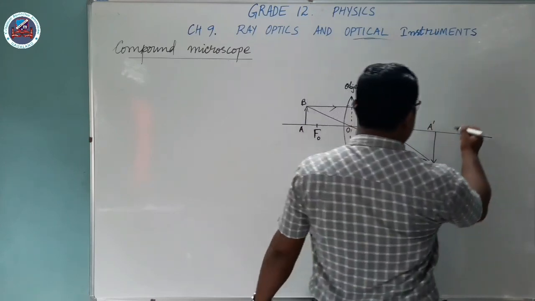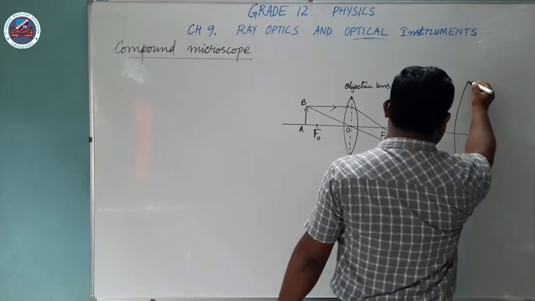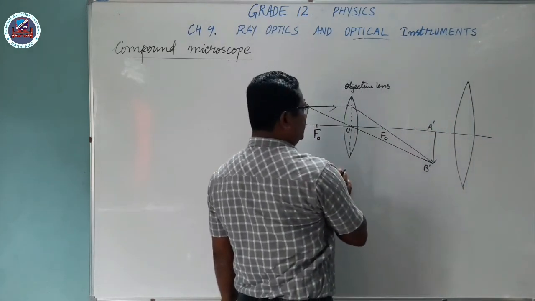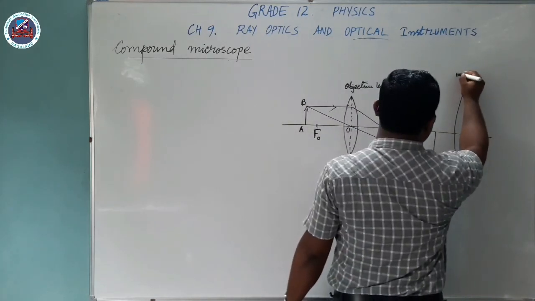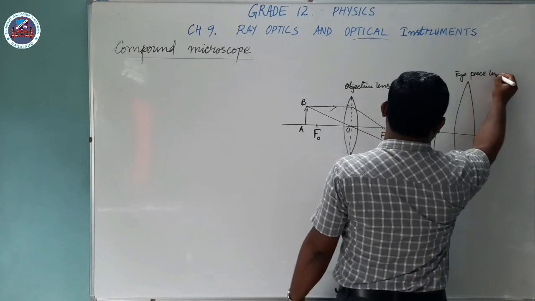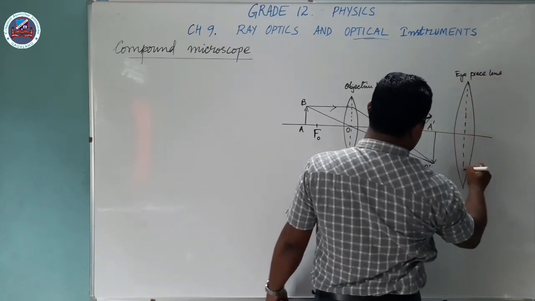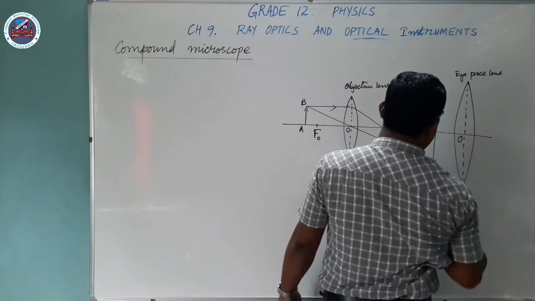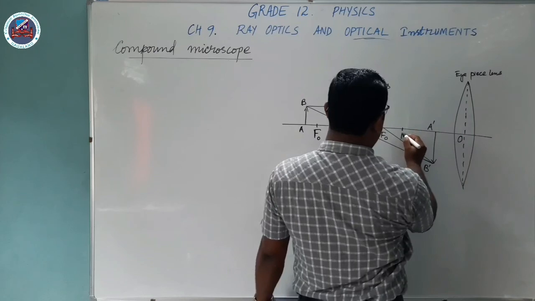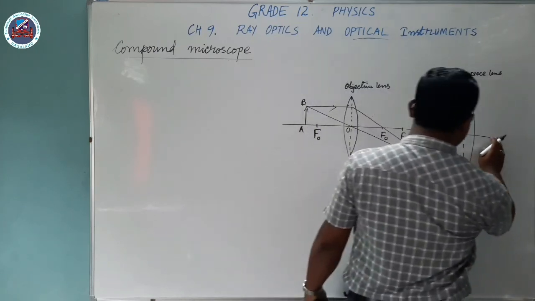This image that is formed by the objective lens will be further magnified by the eyepiece lens. The eyepiece lens is of larger aperture and larger focal length compared to the objective lens. This is your eyepiece lens. In this case, the focal length will be more, it will be somewhere here FE, the principal focus of the eyepiece lens.